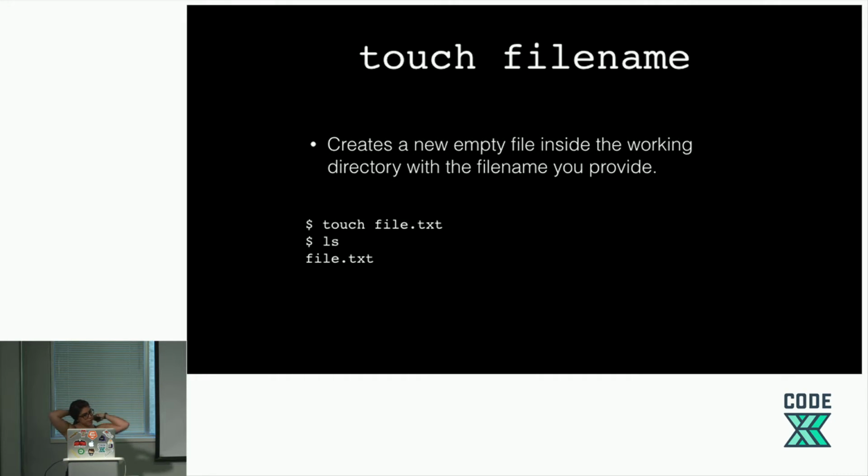If you do touch and then give it a file name, so touch myfile.txt, it will create a new empty file inside the working directory, where you're at, with the file name that you provide. So if you do touch file.txt and do an ls, you should see your new file there. There is nothing in this file. Touch simply instantiates a file there.